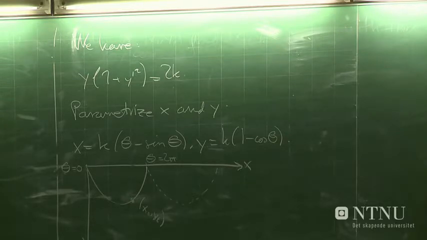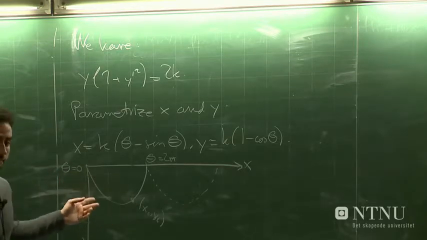So you see that the path that the particle takes to get the minimum time in order to travel between 1 and 2 is actually far from a straight line. It has this form.